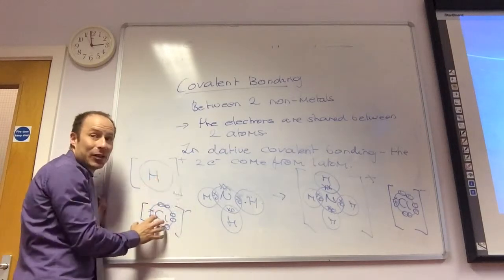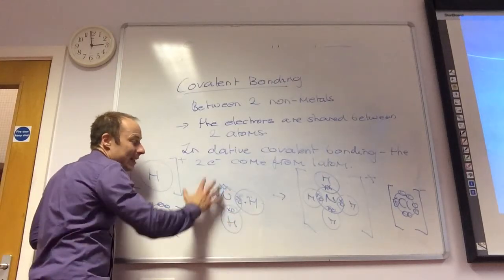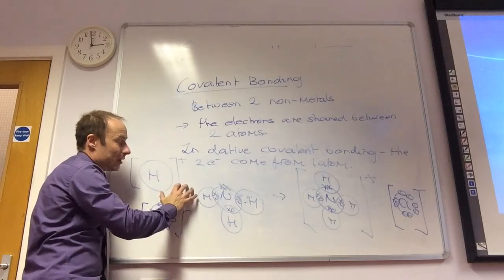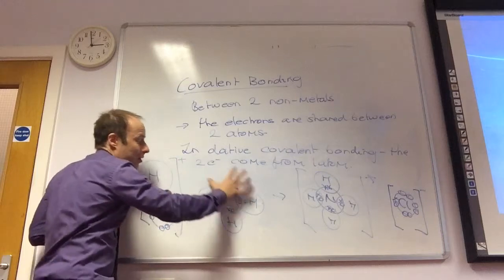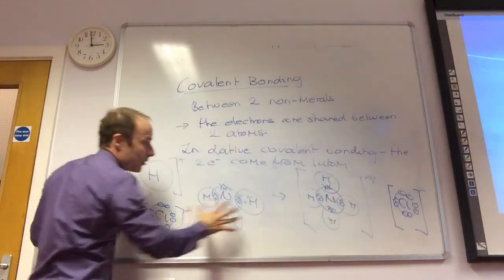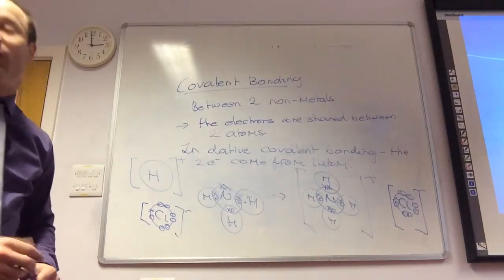Those two are attracted together because it's plus and minus. At the moment the ammonia isn't interested because it's neutral. But the hydrogen ion comes along and there's a lone pair of electrons, so that becomes a plus. So that whole thing now has a plus charge, and it is now attracted to the whole of the plus charge. So is it just attraction? Yeah, just that.